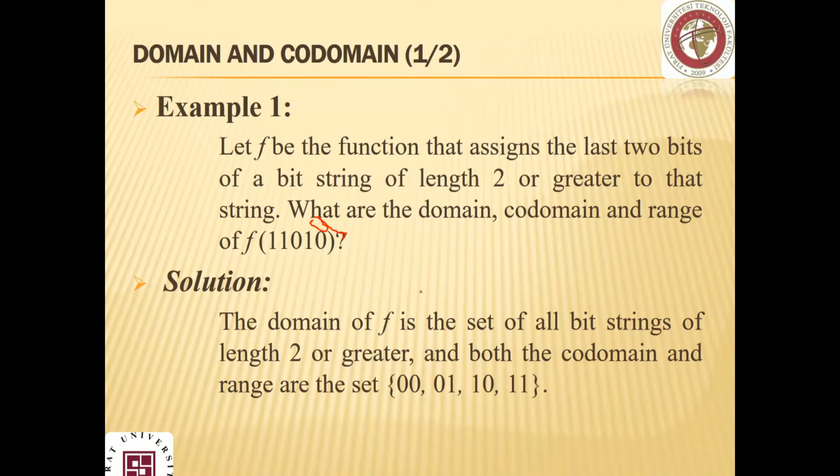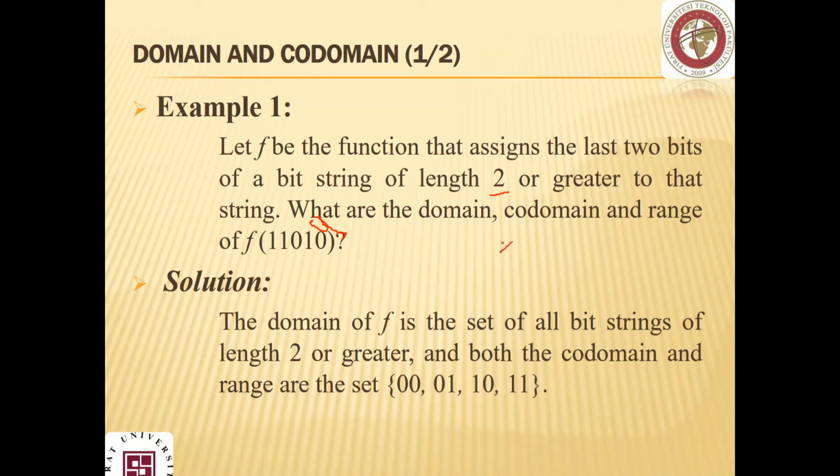Now think about this. Let me explain the question. We have a function, and whatever you provide to it must be of length 2 or greater bits, because we assign bit strings. That means if you provide nothing at all, or 1 bit, 0 or 1, it is not valid. It should be 2 bits, XX.